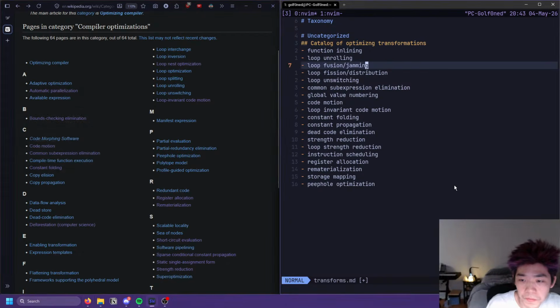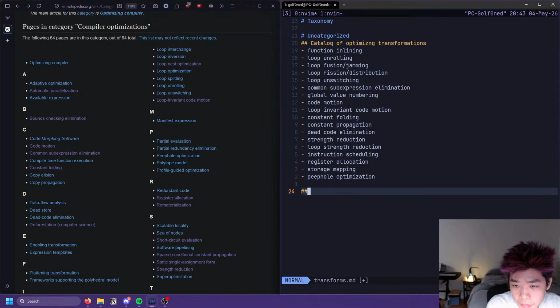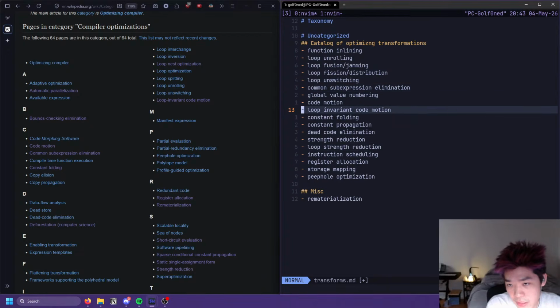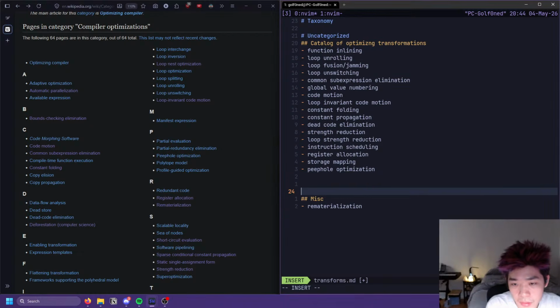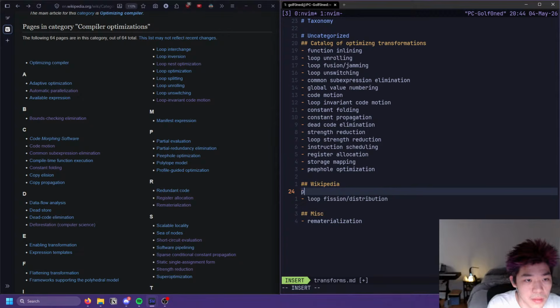So now, let's add more stuff to this. We have a MISC section for stuff that I've decided to add in. Okay, so we want, let's see, automatic parallelization is rounding.